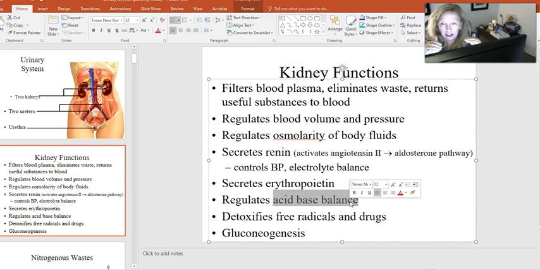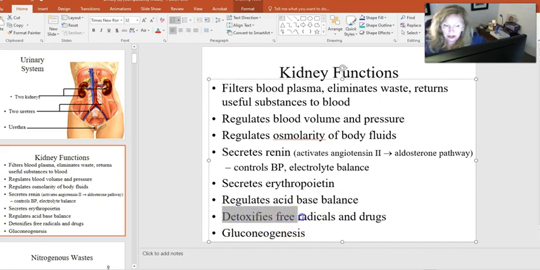The kidneys play a huge role in this as well. So here we have two organ systems, the respiratory system, controlling your rate of respirations, controlling pH, and now the urinary system, also a major player in controlling pH. That's how important it is that pH homeostasis be maintained.